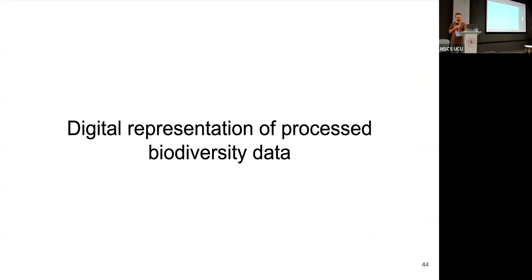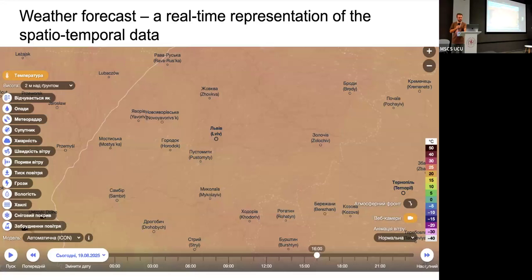And to wrap it up, a couple of words about how biodiversity informaticians envision the future of digital biodiversity data. This is one of the many interactive weather forecast maps. We talked about weather forecast and weather modeling 2 days ago, and I hopefully understand the origin of this map.